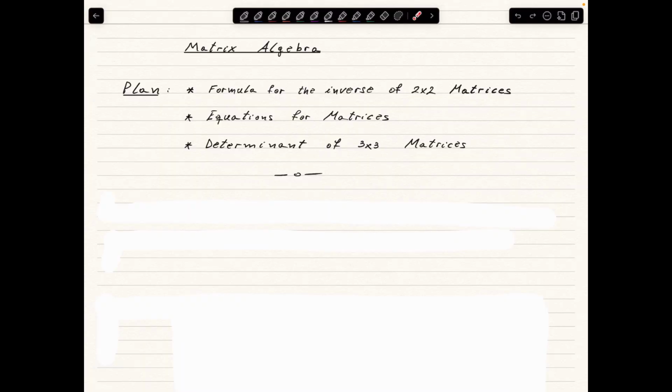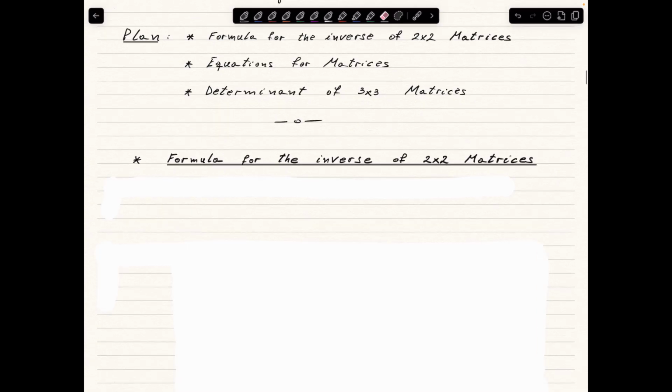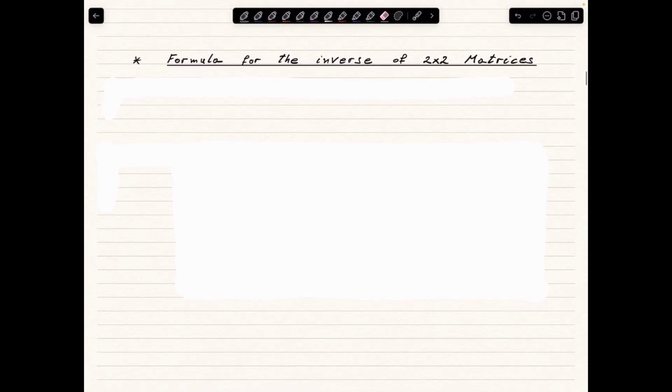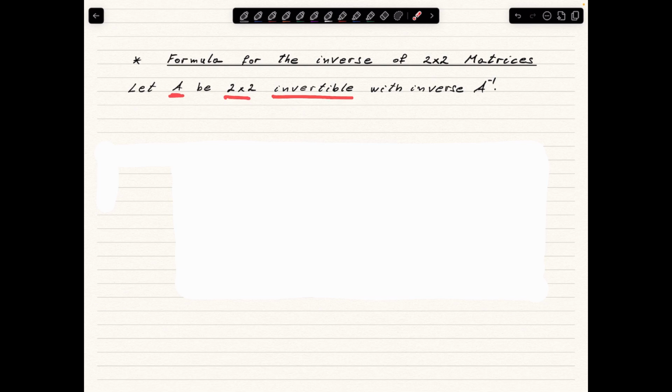Let's start computing a formula for the inverse of a 2 by 2 matrix. So let's assume that we have a matrix A that is 2 by 2 and is invertible, and let's denote as usual the inverse by A inverse. So let's assume that we have a system of equations with that matrix as the coefficient matrix of the system. Then what we can do if the matrix is invertible is multiply by the inverse on both sides.